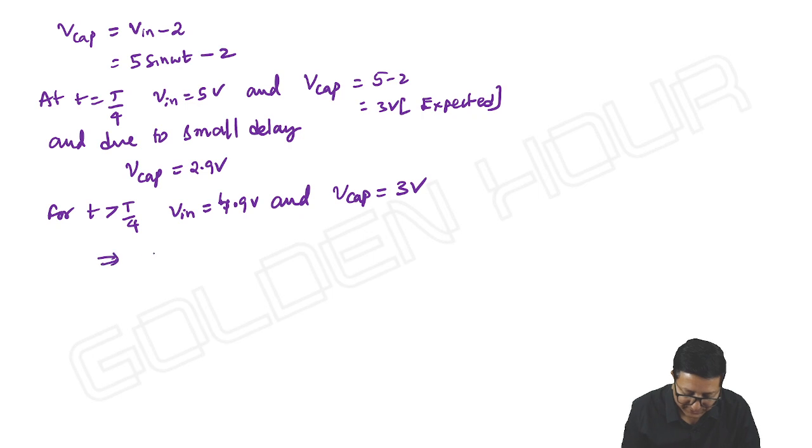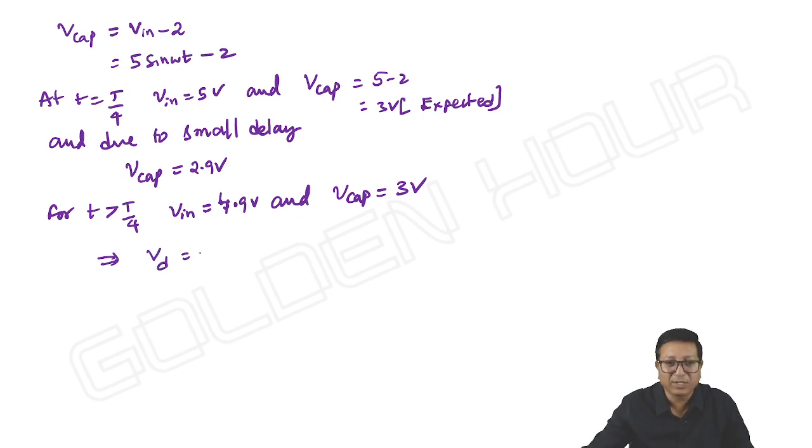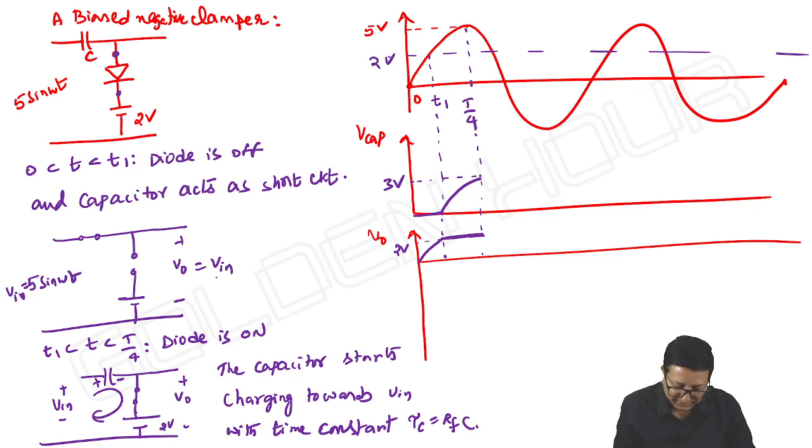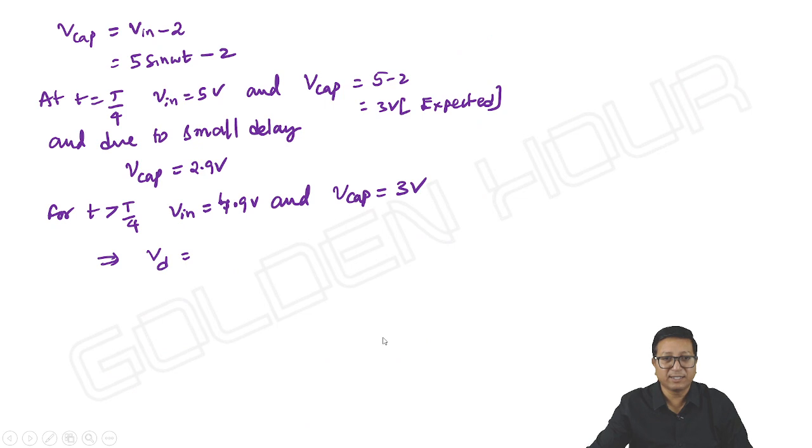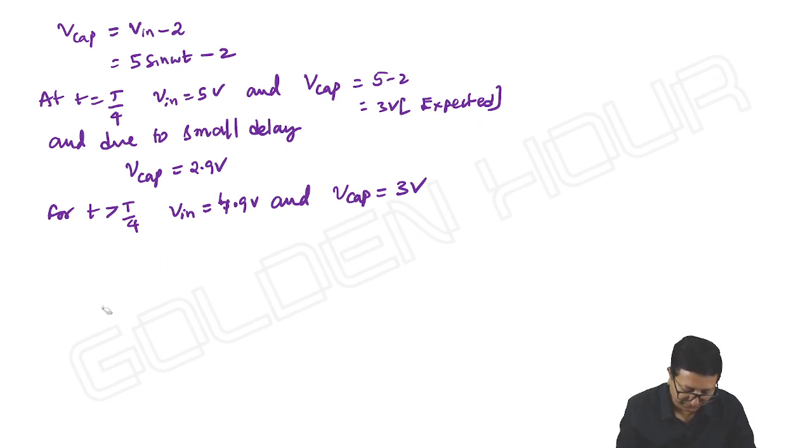So V output, if you take, is equal to voltage across the diode plus 2 volts. Is it not so? So, if I take the loop equation, instead of writing VD directly, for better understanding of students I am taking one more step.